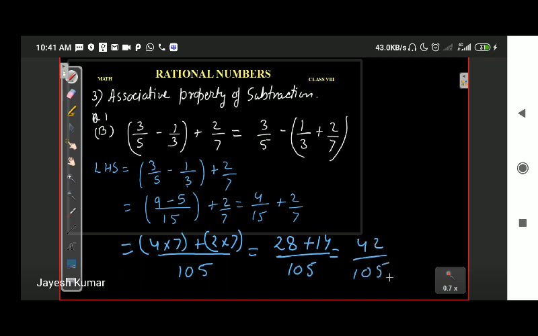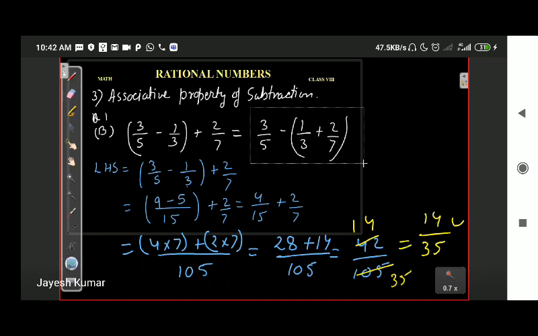It is cancelable, you can simplify it further. 3 ones are 3, 3 fours are 12, 3 threes are 9, 3 fives are 15. The final answer is 14 upon 35. Okay, this was the answer for LHS. Let's see the answer for RHS. Let us solve RHS on the next page.